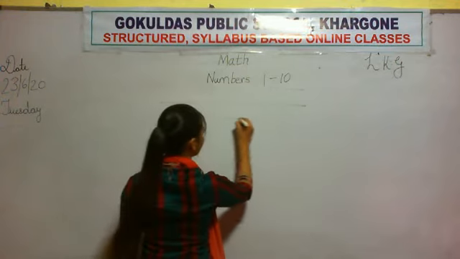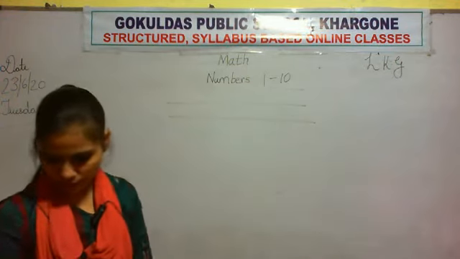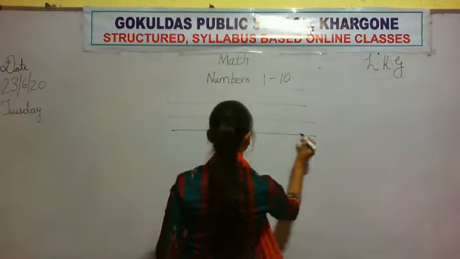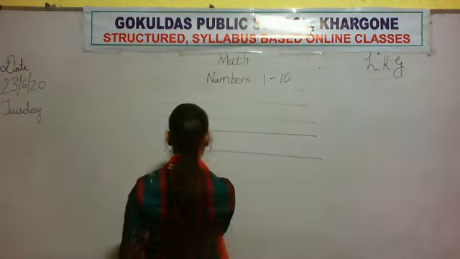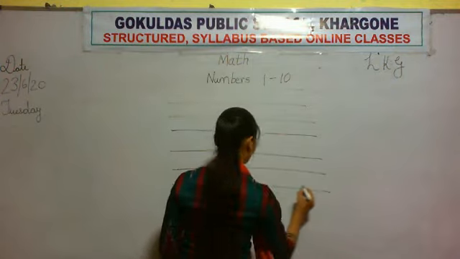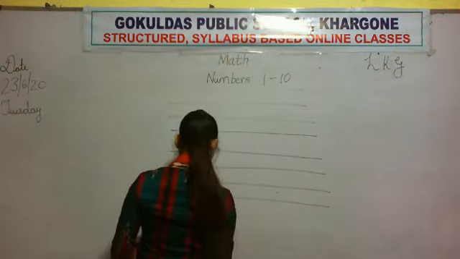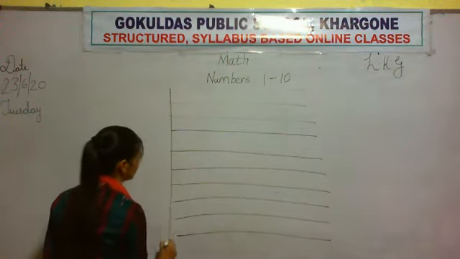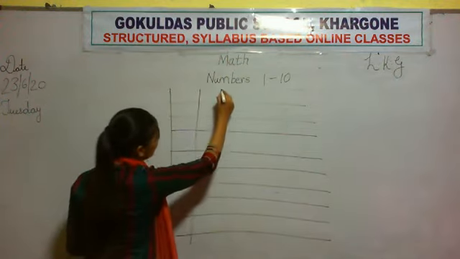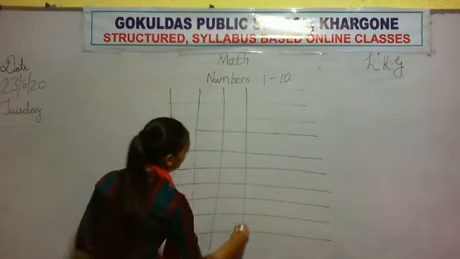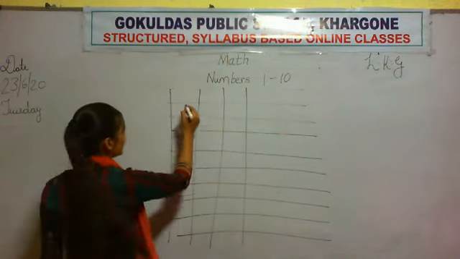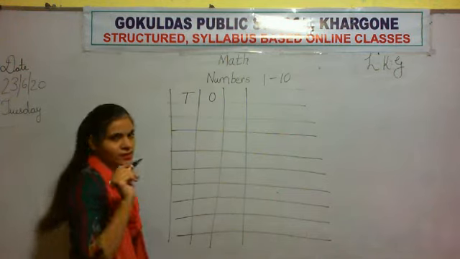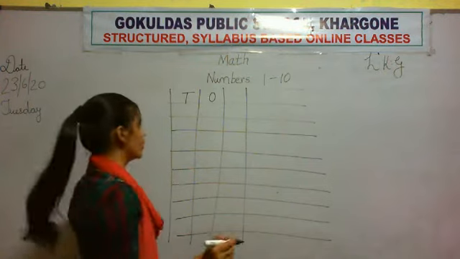This is the blocks. Here we write T O. This is tens and ones. Okay.